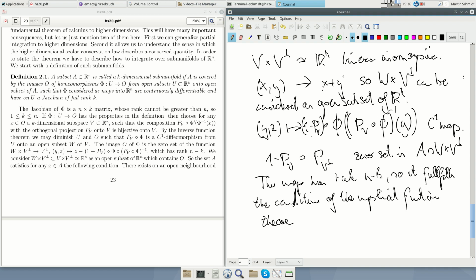So in this way we see that we are exactly in the situation of the implicit function theorem, and then of course vice versa.